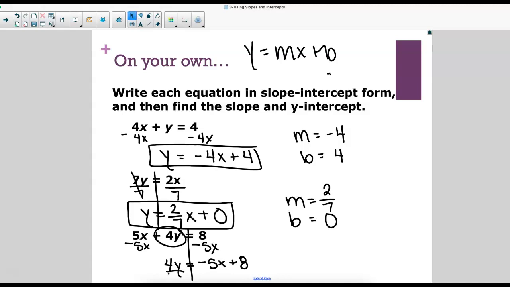Divide by 4. You're dividing each term by 4. So we have y equals -5/4 x plus what? 2. 8 divided by 4 is 2. Your slope is -5/4. The y-intercept, the b, is 2.